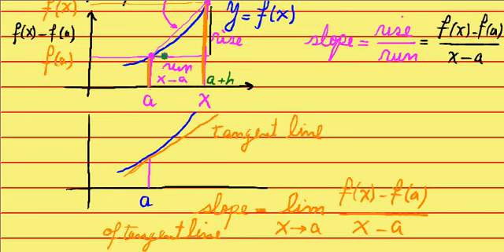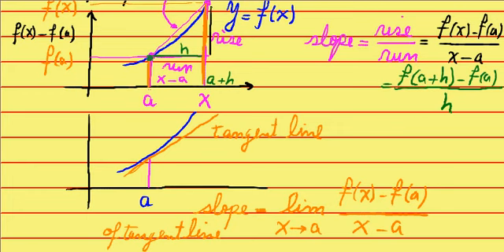So sometimes they use that notation and just call this h. In that case, this formula here is going to become, instead of x, I have a plus h, f of a plus h, and while the other ones stay as it was, denominator x minus a is going to be a plus h minus a, that's just h.